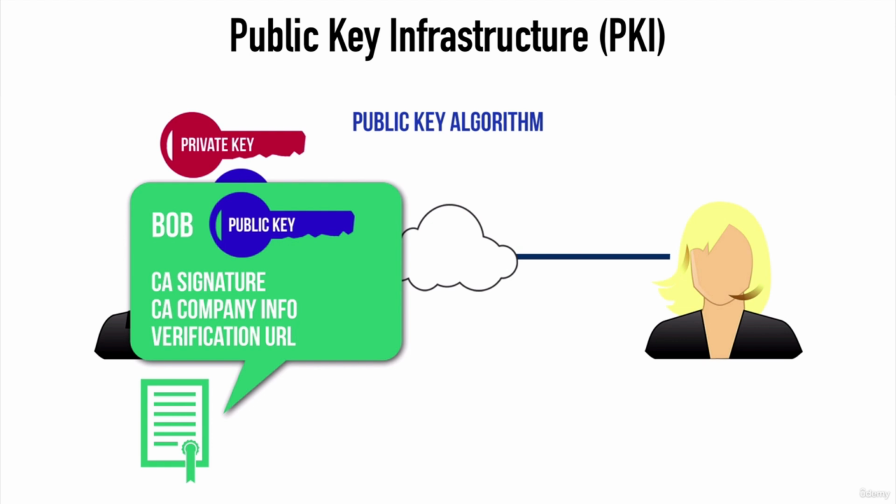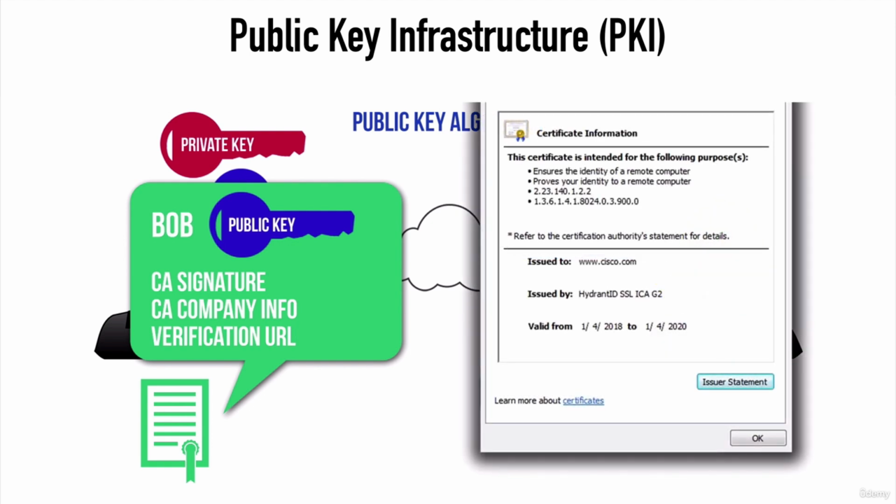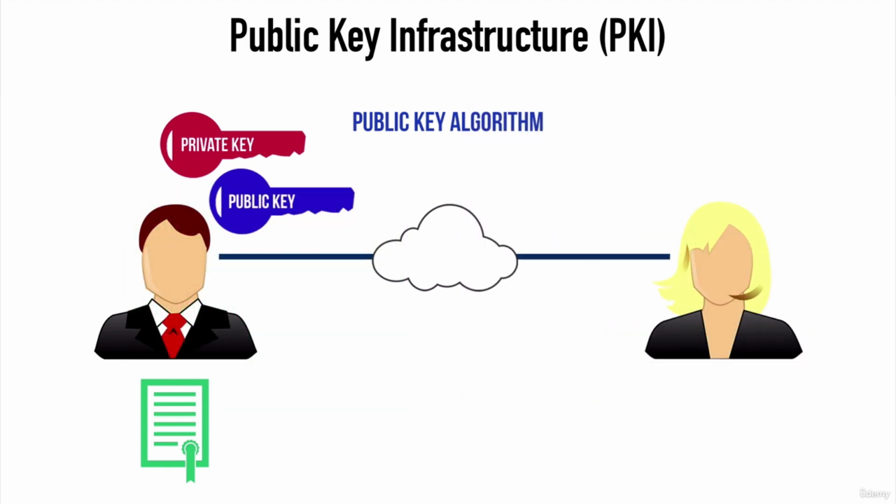There would also be a URL that can be visited to verify the validity. Certificates can be revoked either by individuals or by CAs themselves if it's suspected that they have been compromised in any way. They can also expire because they have specific dates during which they are valid. So all of these things can be verified by visiting the URL found inside the digital certificate.